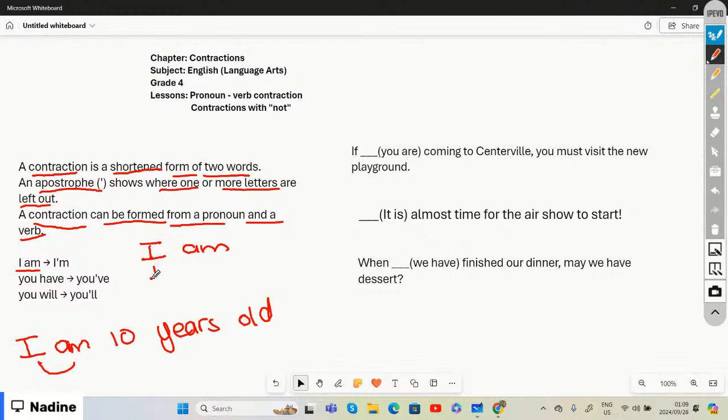We bring this pronoun down, I. We're going to leave out the A, put the apostrophe in the place of the A that we are removing, and we bring down the M. And now we say I'm. So instead of saying I am 10 years old, we can say I'm 10 years old.